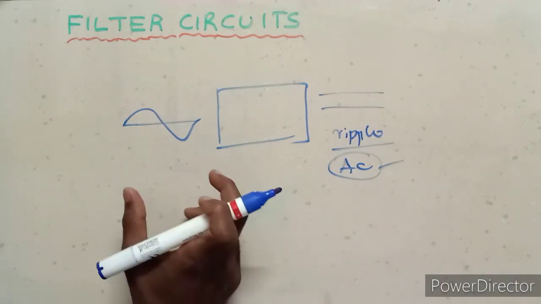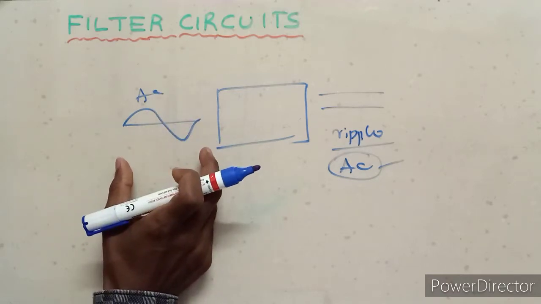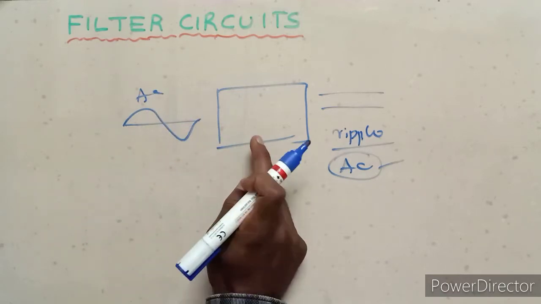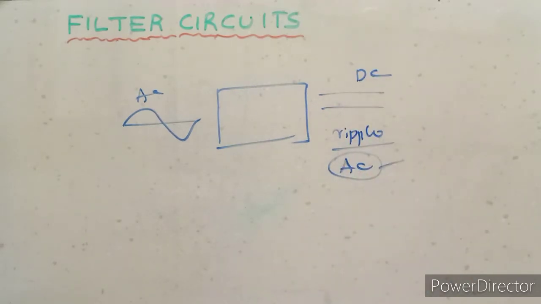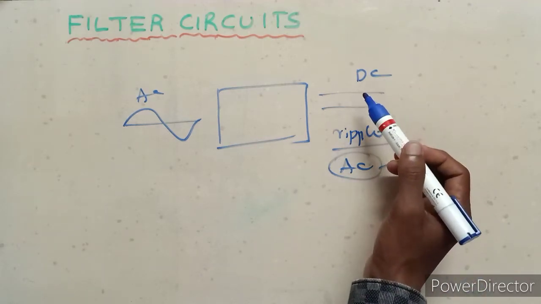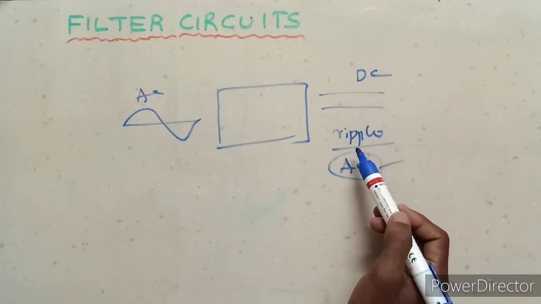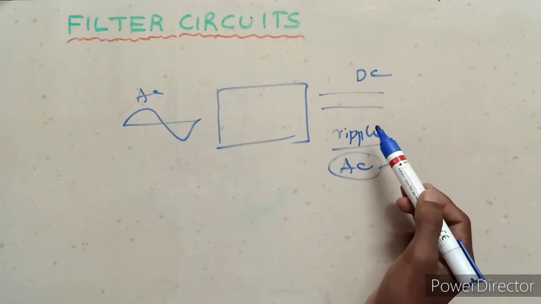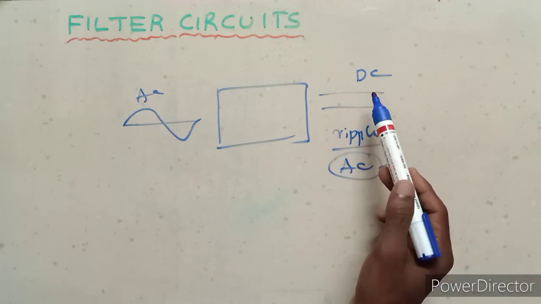So first of all, we apply the AC voltage to the rectifier, getting the DC voltage. But this DC voltage is pulsating DC, and this DC also has ripple components and many disturbances.